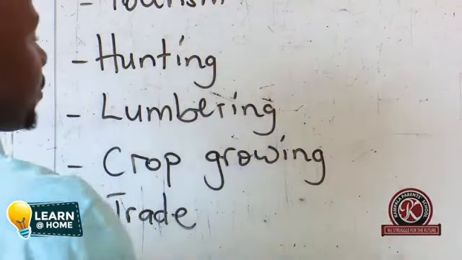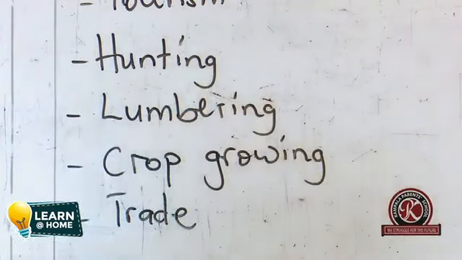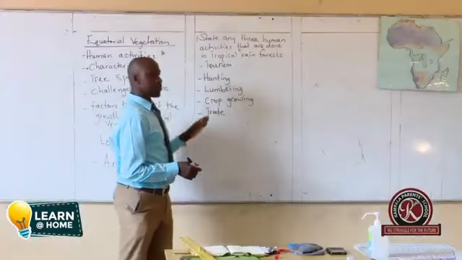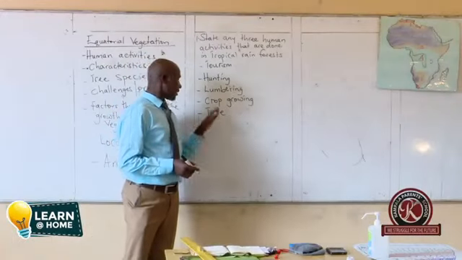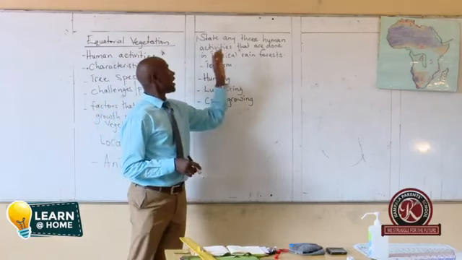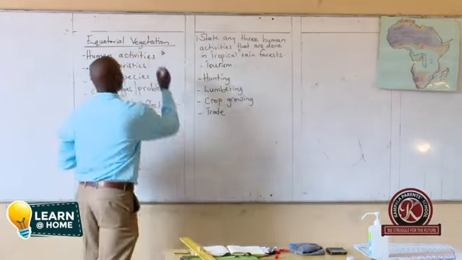Since there is lumbering, those people, when they cut down mature trees for timber, they sell and get money. There is tourism. It's an invisible trade. So we cannot forget to talk about trade as one of the human activities done in the equatorial rainforest. So I've looked at the first aspect. We can tick that.